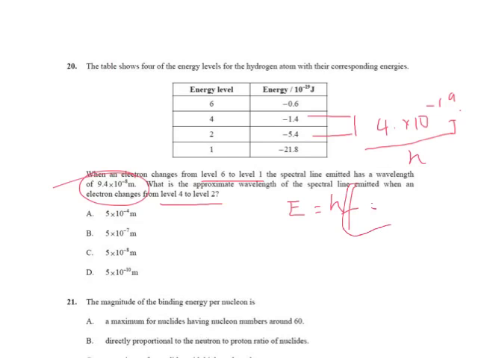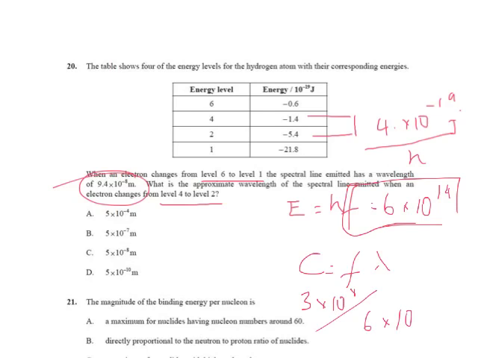So f would be equal to 6 times 10 to the 14. However, we have speed equals frequency times wavelength. So we now need to divide the speed of light, 3 times 10 to the 8, by 6 times 10 to the 14, which gives us approximately 5 times 10 to the minus 7.